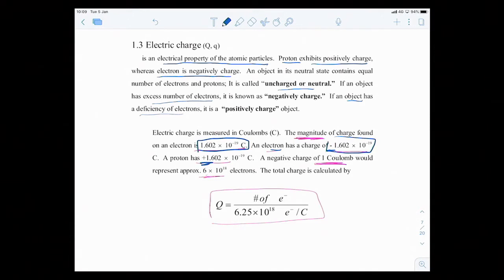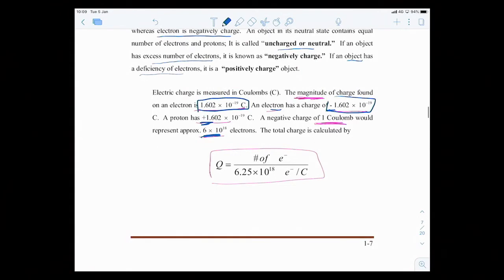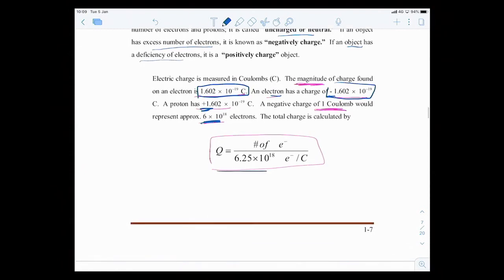Also, a negative charge of 1 coulomb would consist of 6 times 10 to the 18 electrons. Just for you to know. Try to imagine, wow, this many electrons, 6 times 10 to the 18, is 1 coulomb of electrons, minus 1 coulomb. So this is the formula for charge Q.